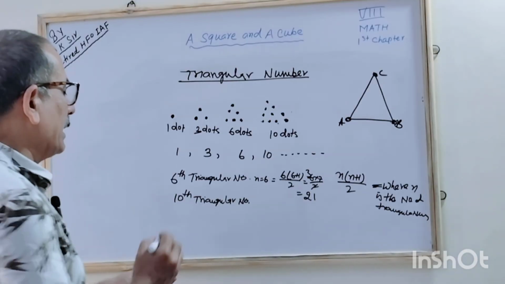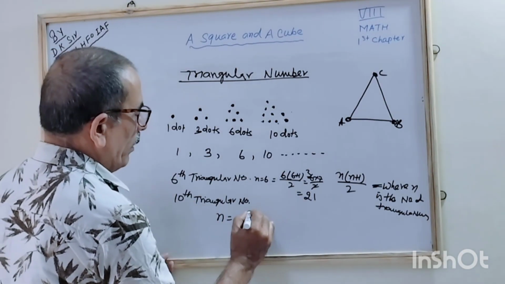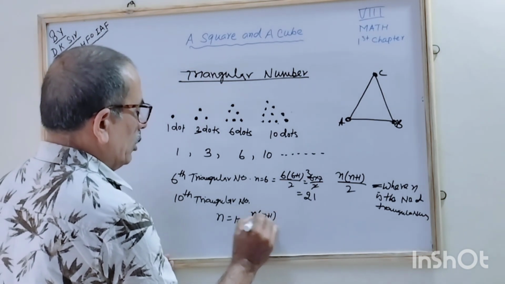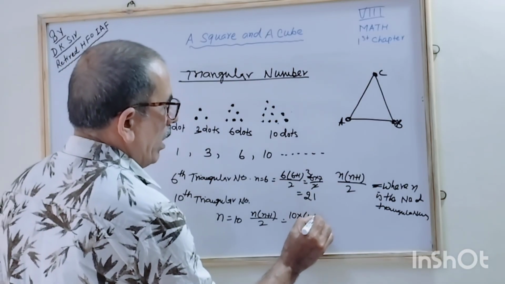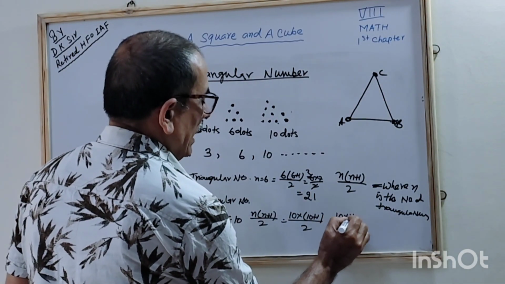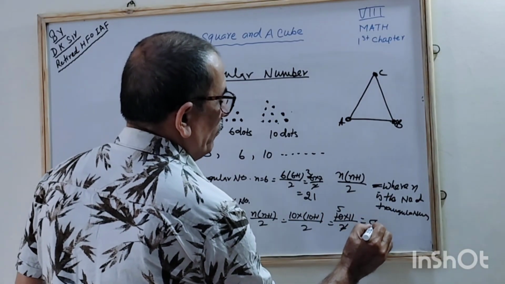If I ask you the 10th, here you find that n is equal to 10. You put it in the formula: n into n plus 1 by 2. So you put it here: 10 into 10 plus 1 by 2. Correct? So you got 10 into 11 by 2. 2 5s are 10. So it becomes 55.